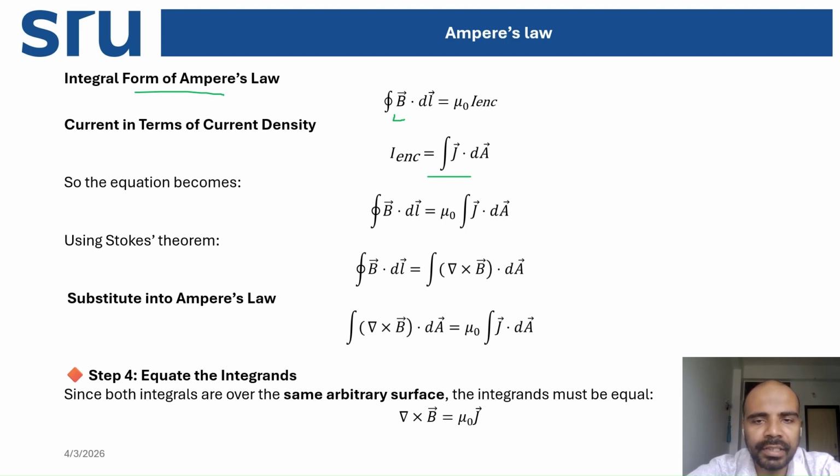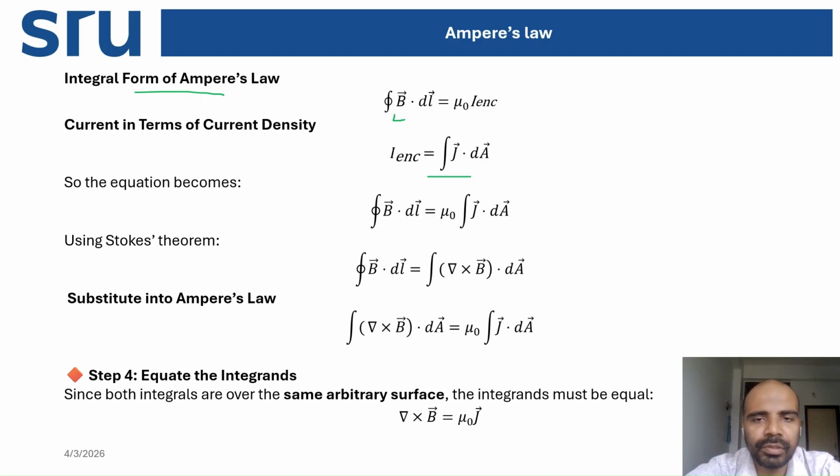dA is the cross-sectional area of the conductor, right? Or you can say that the area of the closed path, right?